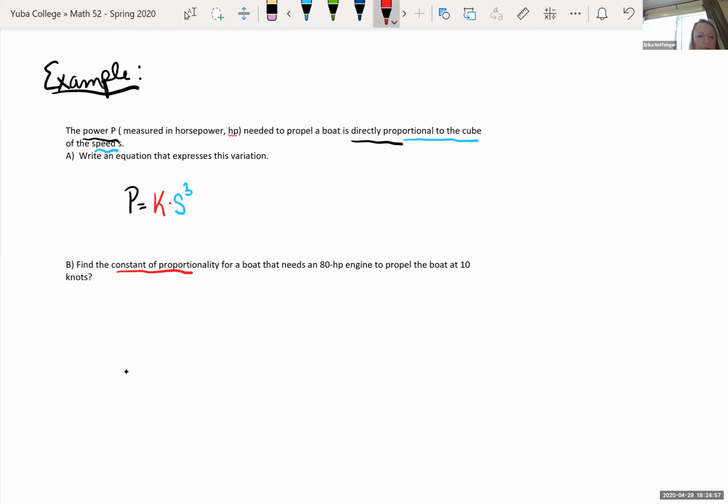We're looking for K, and they're going to give us enough information to put in. So for a boat that needs an 80 horsepower engine to propel a boat at 10 knots, 10 knots is our speed, 80 is our power.